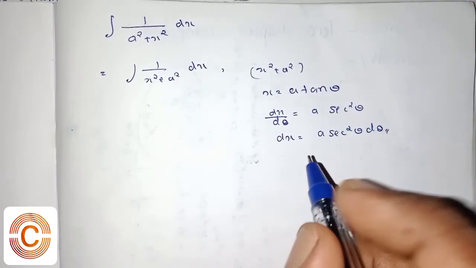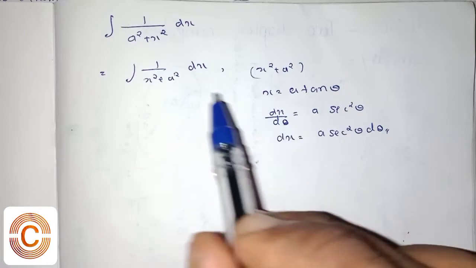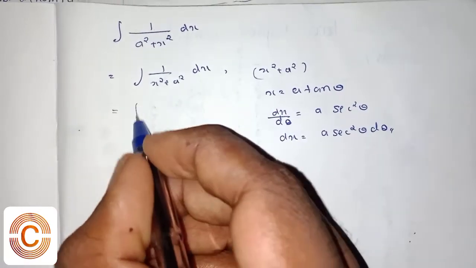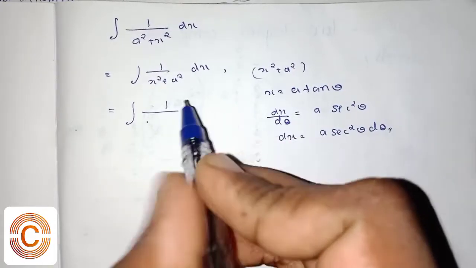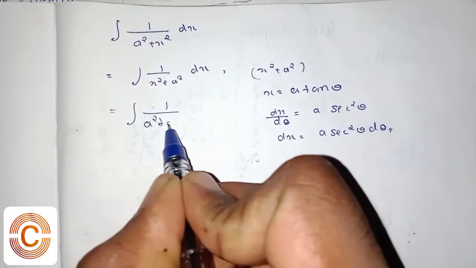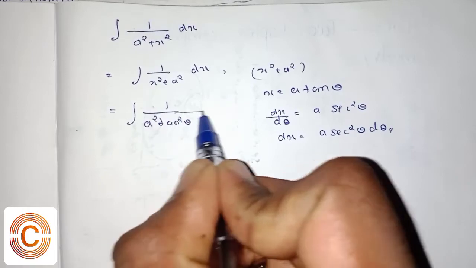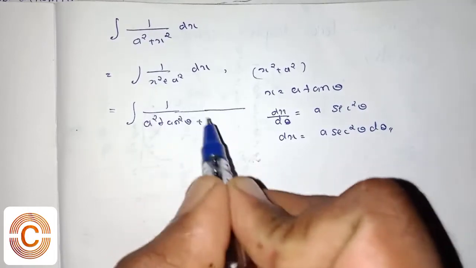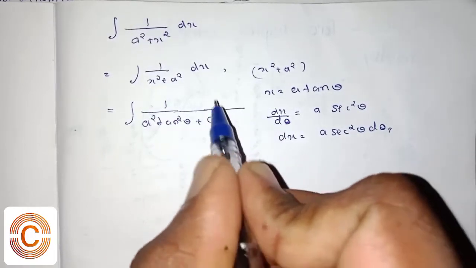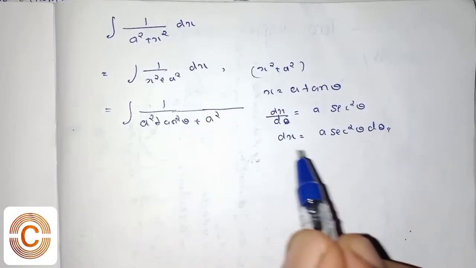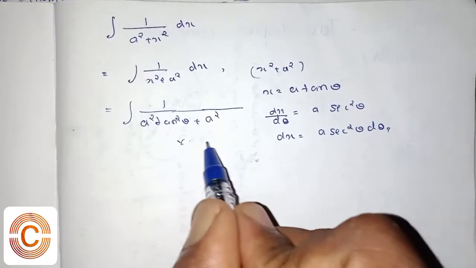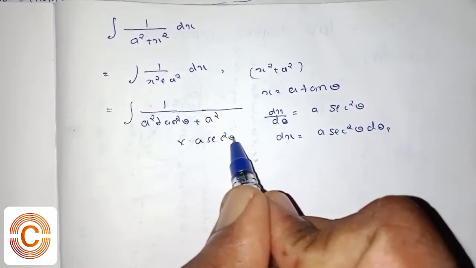By substituting these in the given formula, we get the integral of 1 divided by, putting x is equal to a tan theta, a square tan square theta plus a square, with the value of dx, that is a sec square theta d theta.